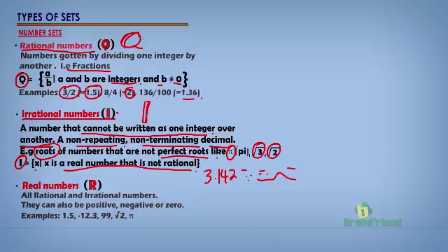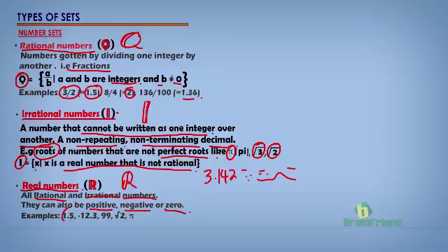Another type of number sets that we have are real numbers. Again, it is written as a capital R with a boldface font. All rational and irrational numbers combine to make up the real number. So a real number may be positive, it may be negative, or it may be 0.